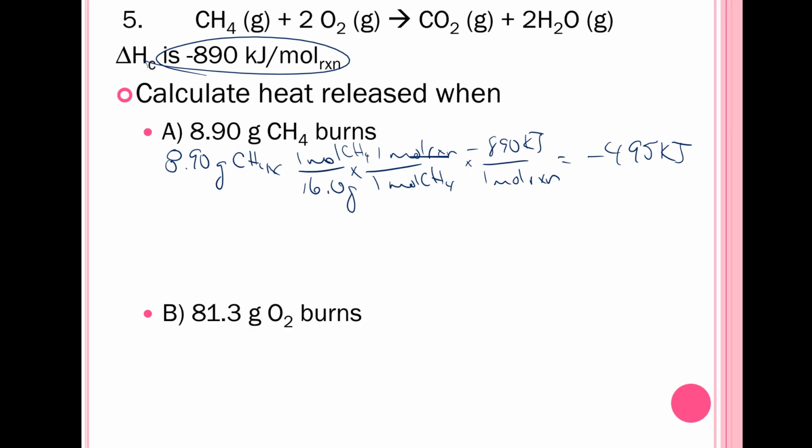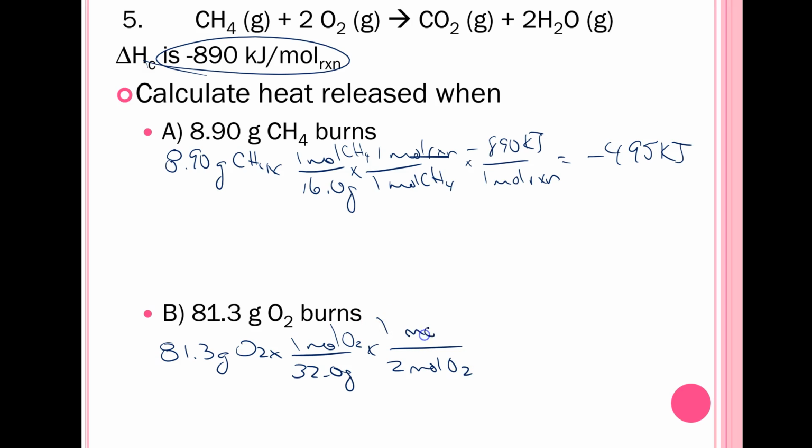So if I was going to do oxygen, I'll show you how it's a little different with oxygen. 81.3 grams of oxygen. Change from grams into moles, just like always. But then, balanced equation, there are 2 moles of oxygen for 1 mole of reaction. And then 1 mole of the reaction is negative 890 kilojoules.